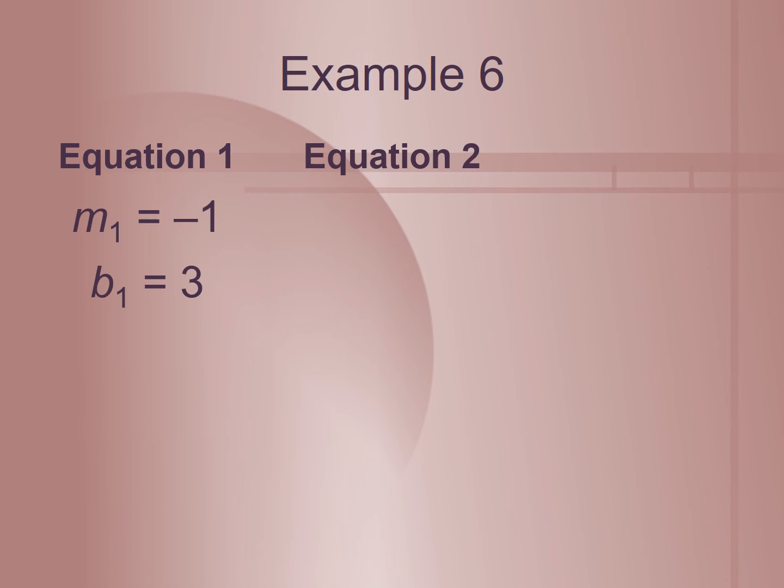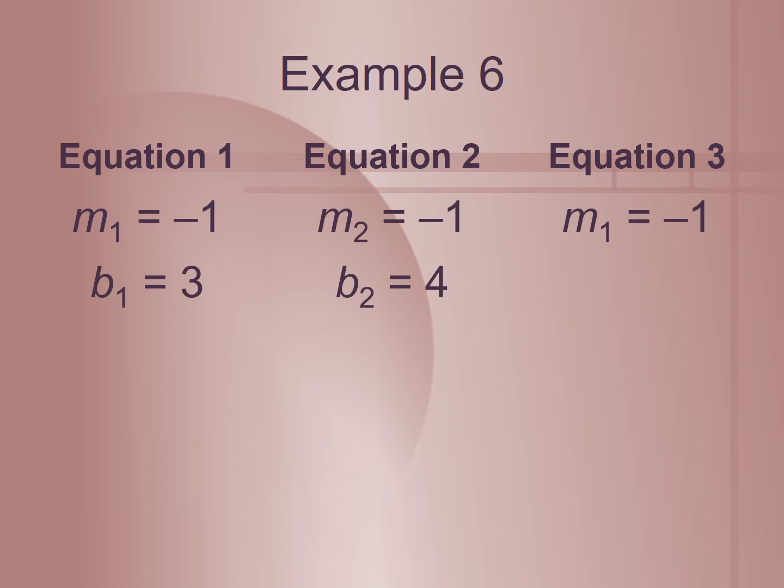In equation 2, which was x plus y equals 4, if we put that into slope-intercept form, our slope would be negative 1, our y-intercept would be 4. Equation 3, which was negative 6x equals 6y minus 24, if we were to put that into slope-intercept form, our slope would be negative 1, and our y-intercept would be 4.